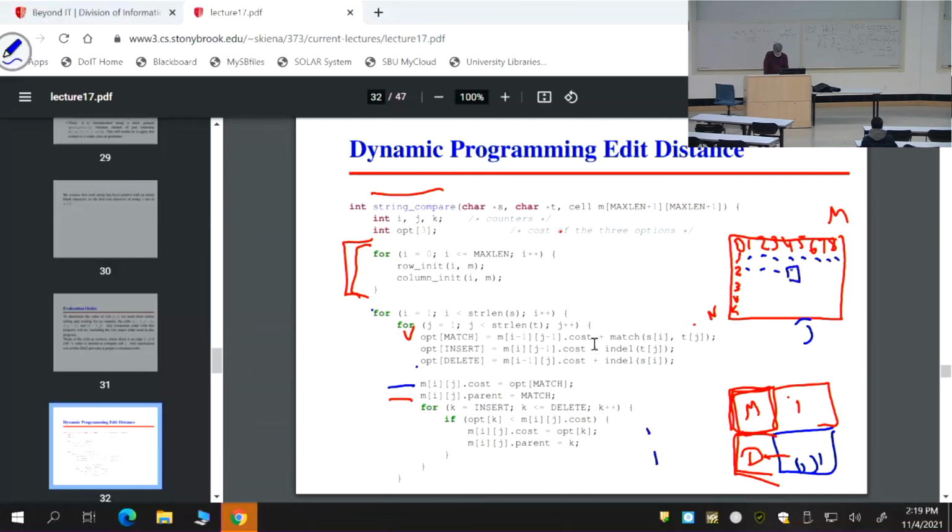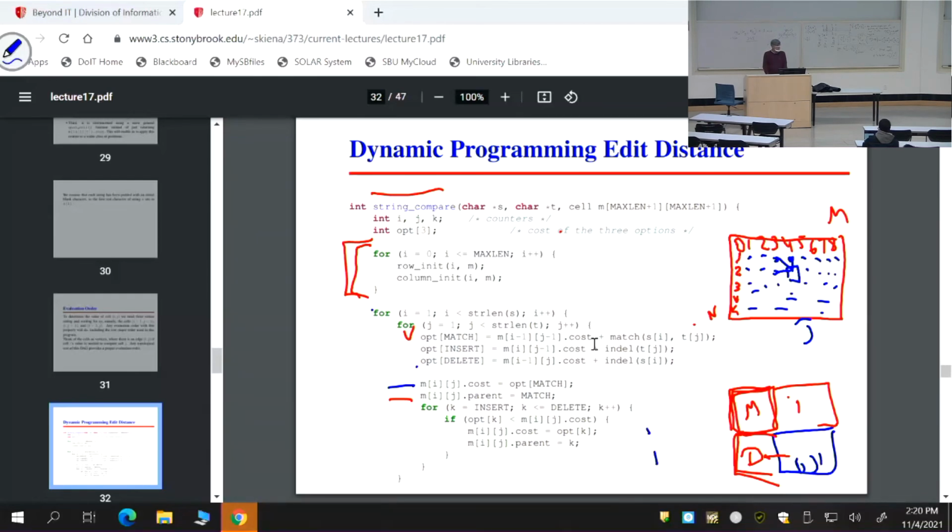For this cell, notice that the three cells are already sitting there in the array. If I keep walking along the array like this, the three cells that I need have always been computed. I'm going to walk through this for the entire array until I've filled it in. Any questions about that? What is the running time of this algorithm?